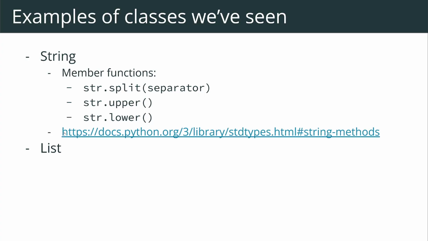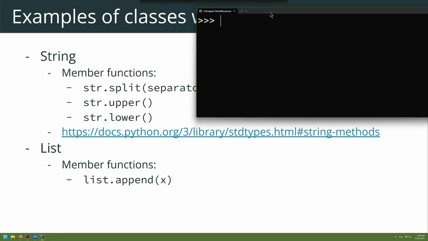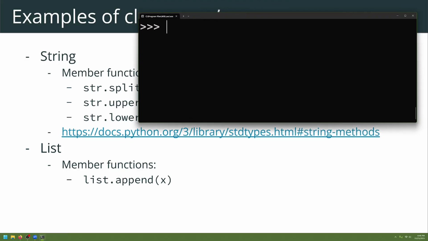You've seen a list as well. A list is also a class that has a lot of functions attached to it. For example, you could do append. Let me just make a random to-do list.